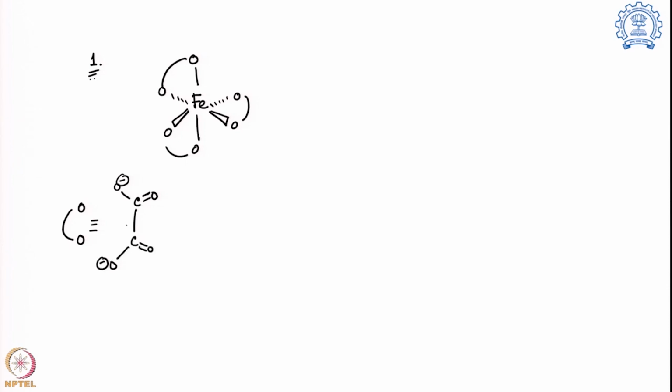In a carboxylate binding group, you can see these are the 2 centers where it will bind to the metal, so it can bind with 2 different coordination sites from the same ligand. That is why they are called bidentate ligands. And over here this iron is binding 3 such bidentate ligands. Now, the question is whether this molecule is chiral or not.